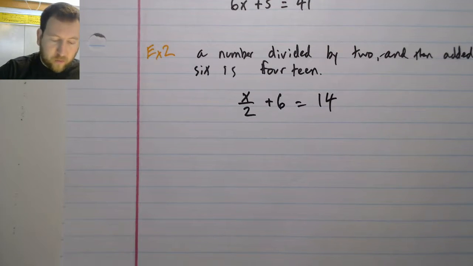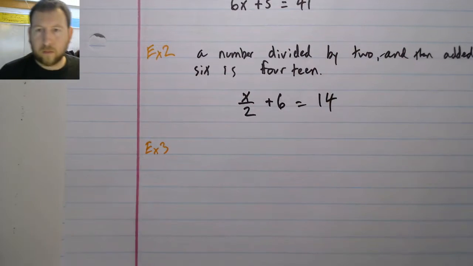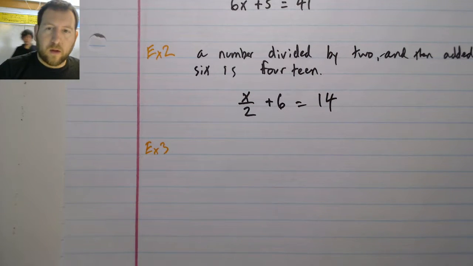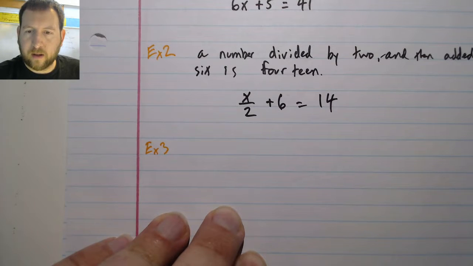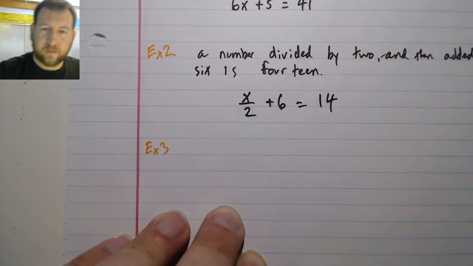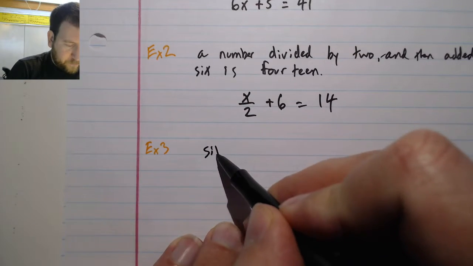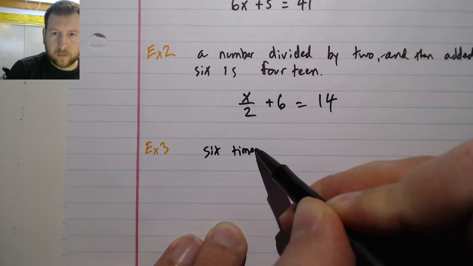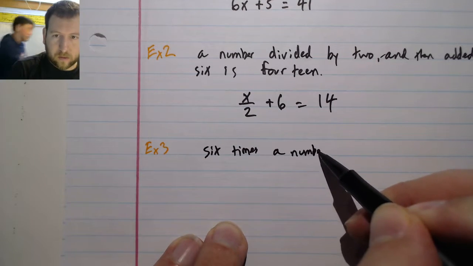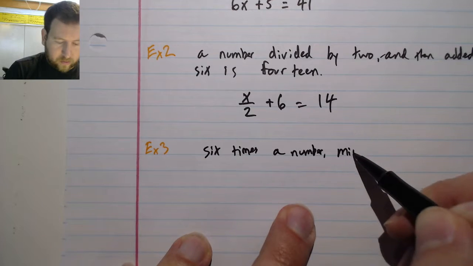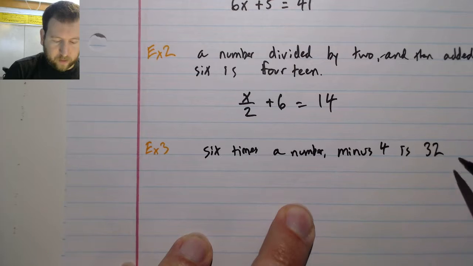I'm going to do one more example that'll just be a little bit trickier. We're going to say, let me find one that I like. 6 times a number minus 4 is 32.